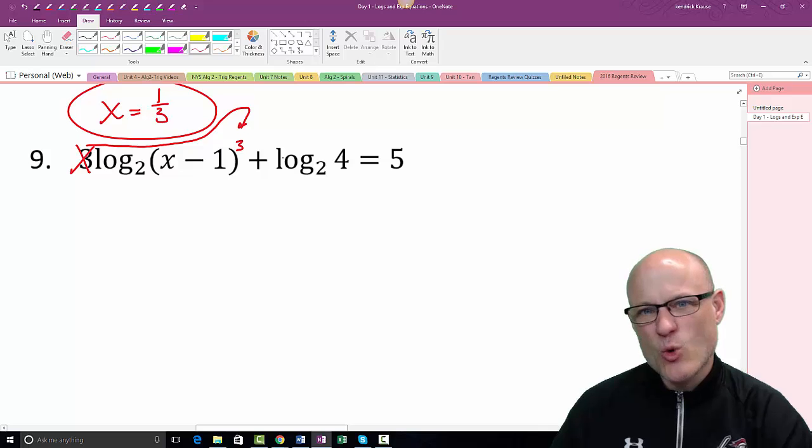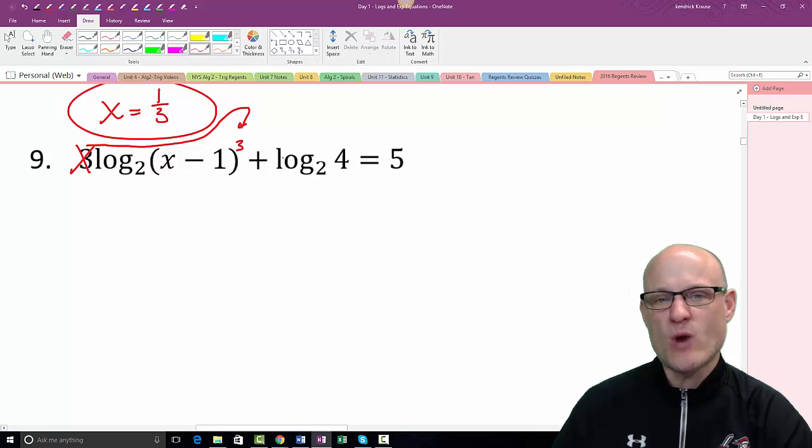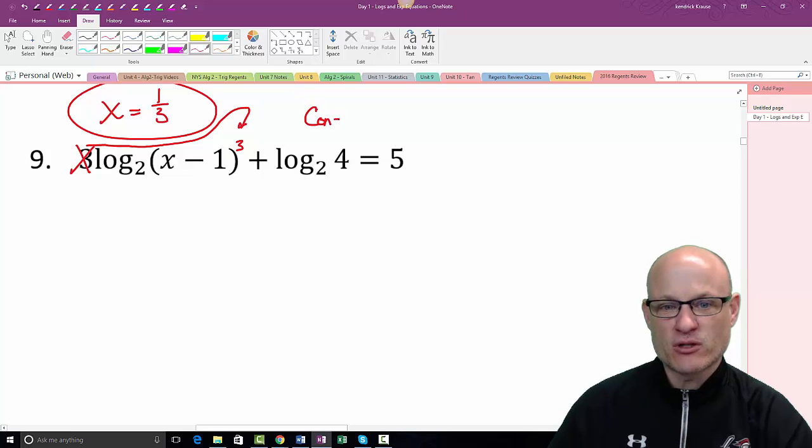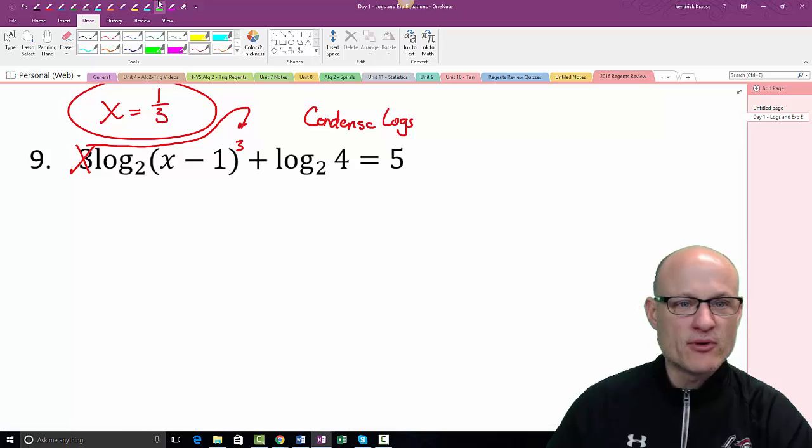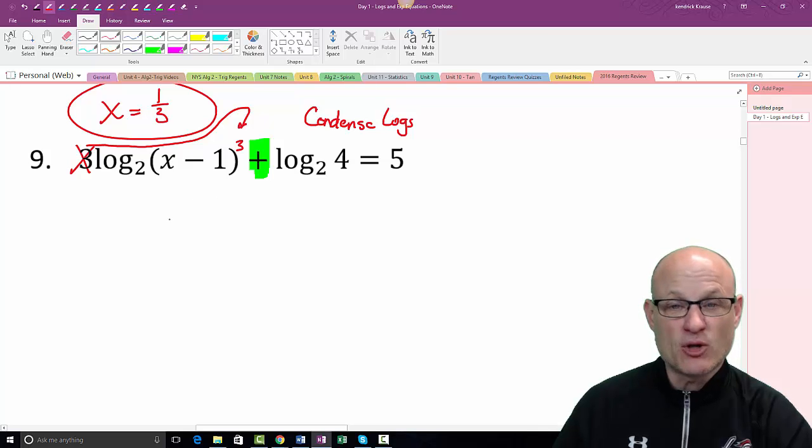And you're not allowed to solve an equation that has two logs. There's no way to do anything with two logs unless you condense them. So the first thing we're going to do after we return exponents is condense logs. You have to remember that when you have addition and you're dealing with logarithms, that really comes back to being multiplication.